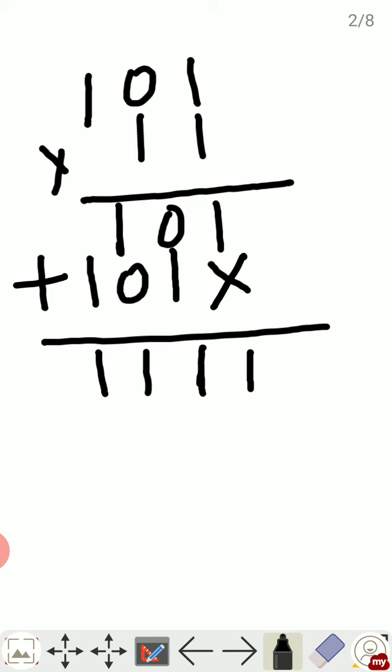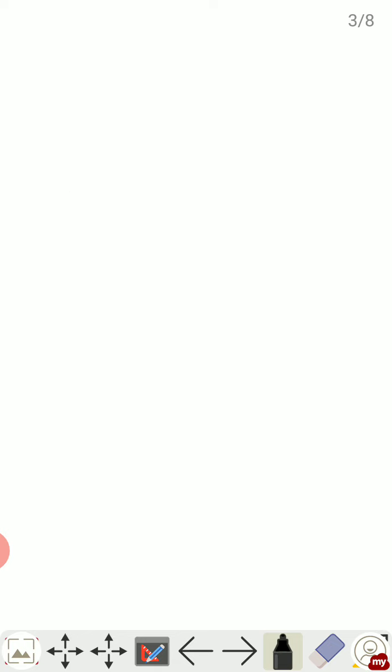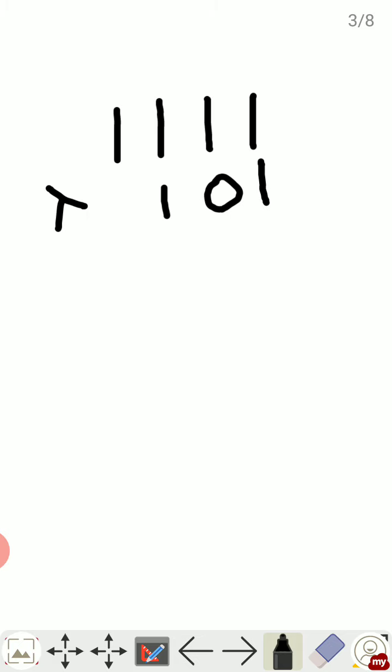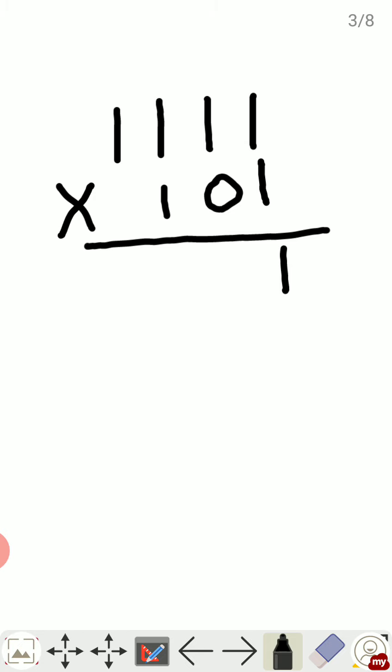Let's take one more example. Suppose we take the number 1111 into 101. So here 1 ones are 1, 1 ones are again 1, 1 ones are 1, 1 ones are 1.